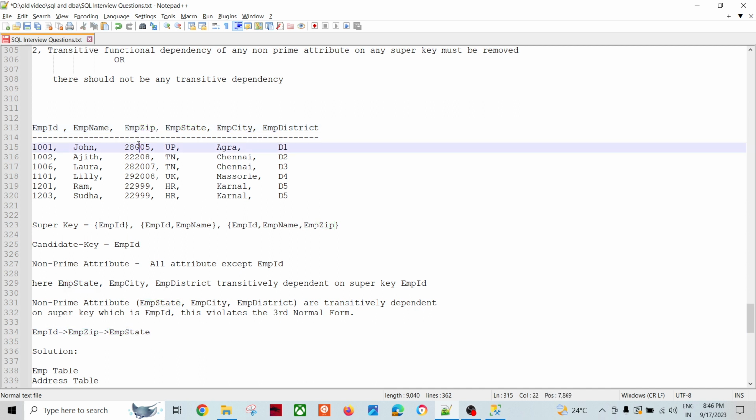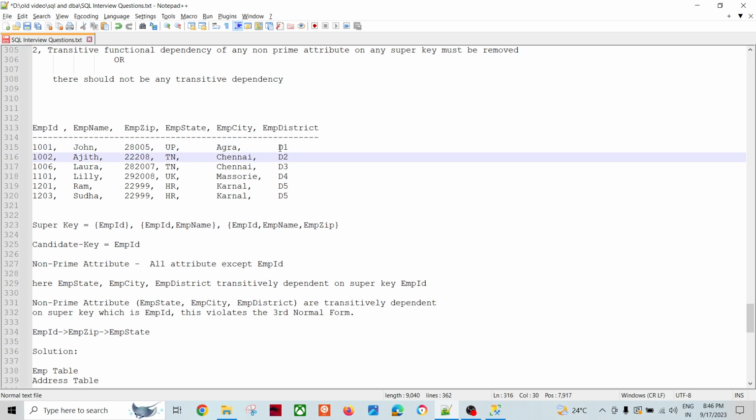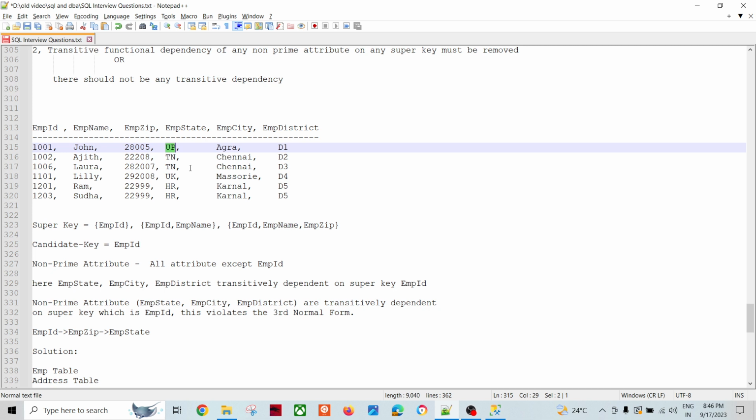But while looking at the employee zip, if I want to see what this record is for, I need to go to the employee ID, right? While looking at employee zip and employee state, I would go to the employee zip.